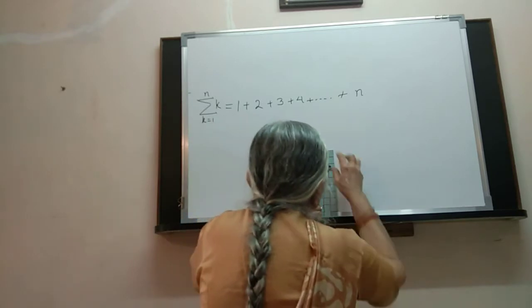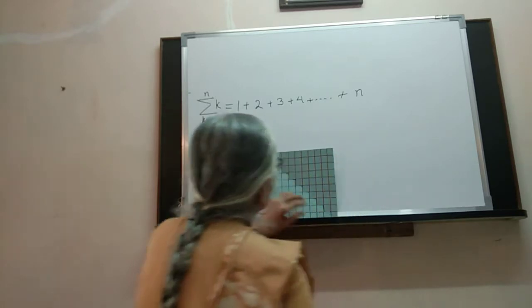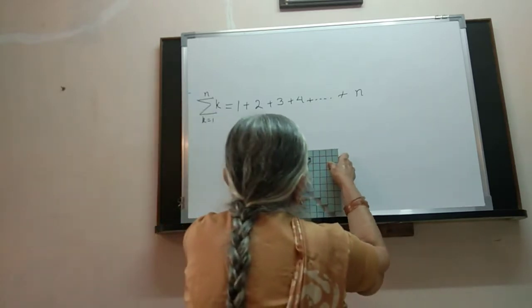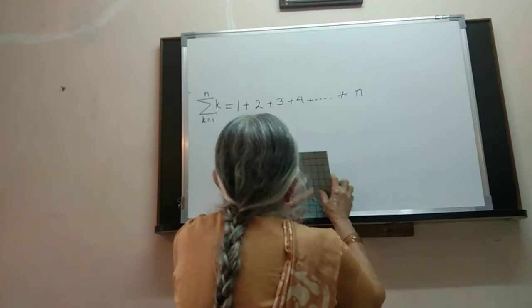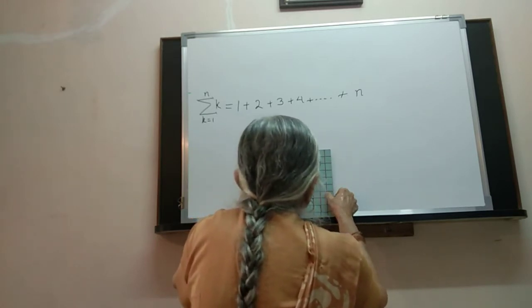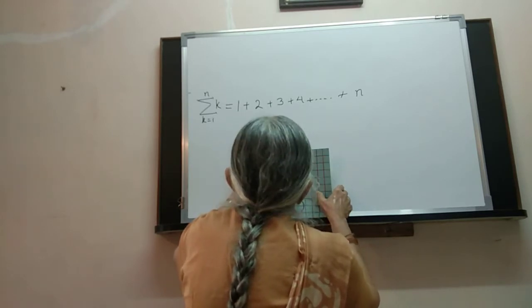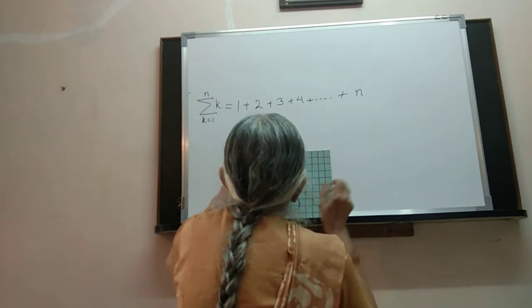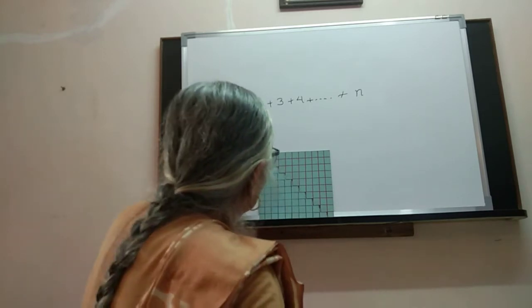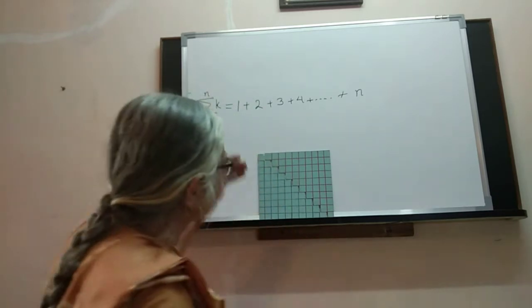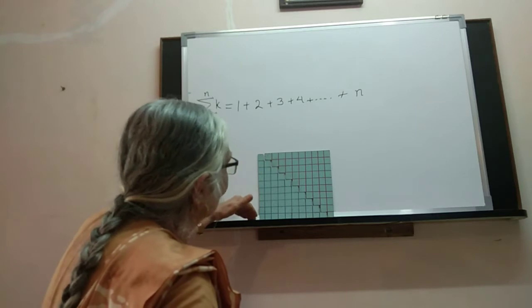And as you shall see, here, we have seen already that there are n rows, 1, 2, 3 up to n.